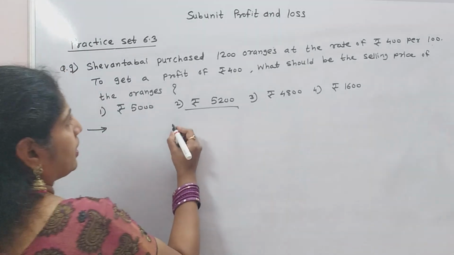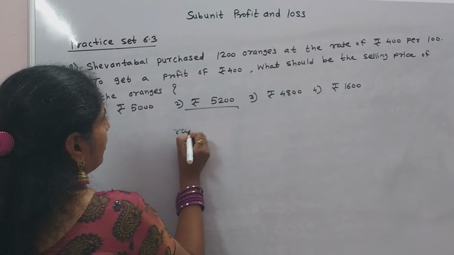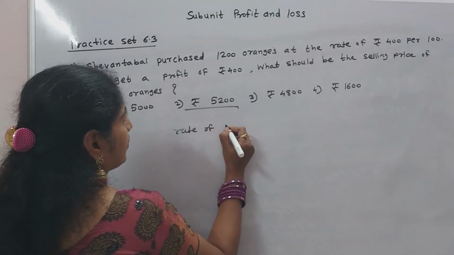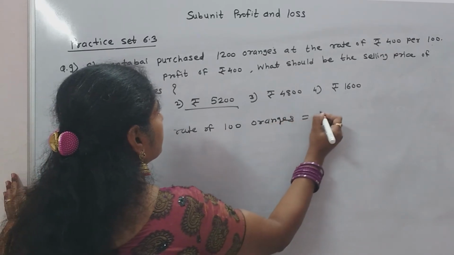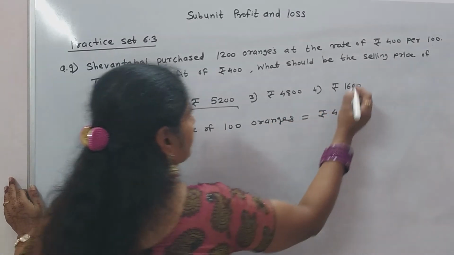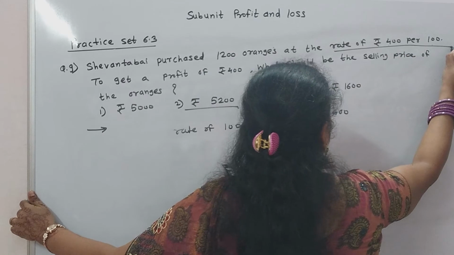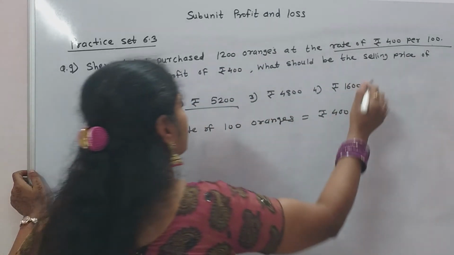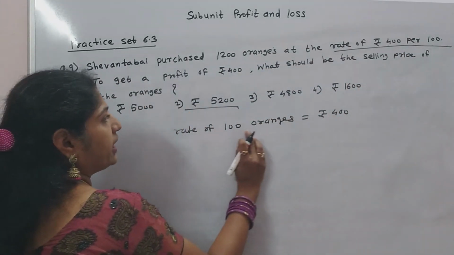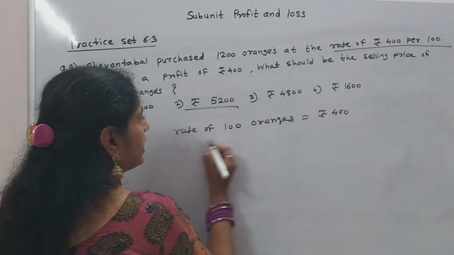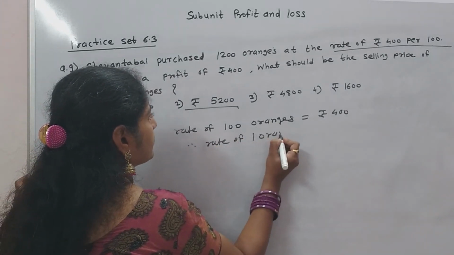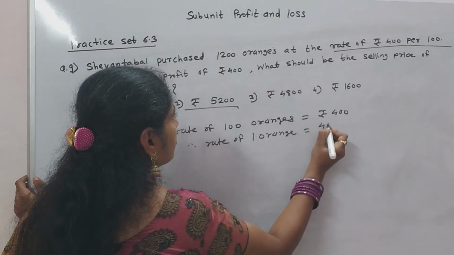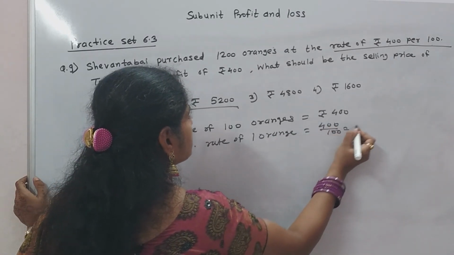Or, rate of 100 oranges equal to rupees 400. Rate of 400 per 100. So rate of 1 orange equal to 400 divided by 100, that is 4.